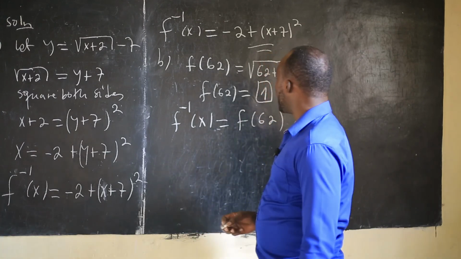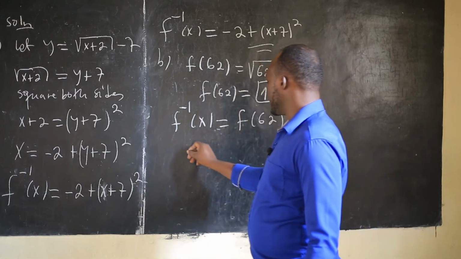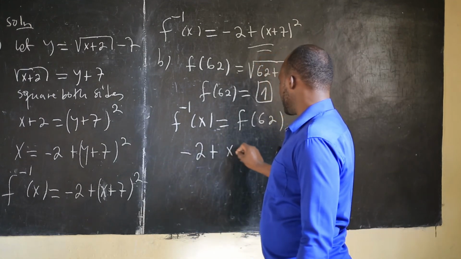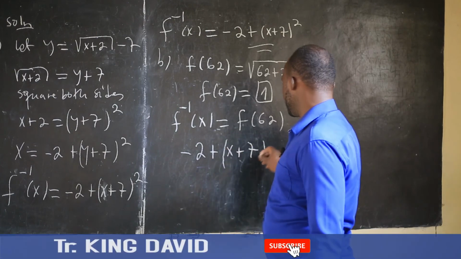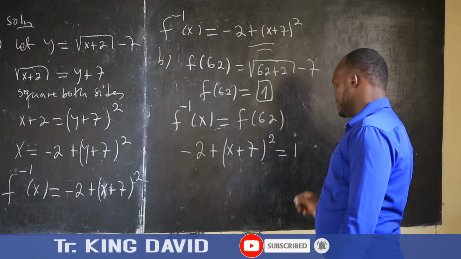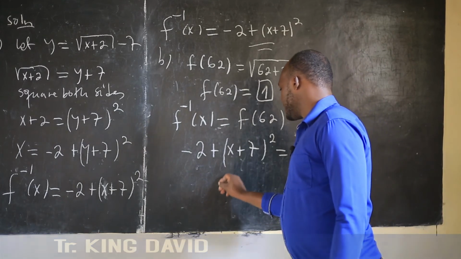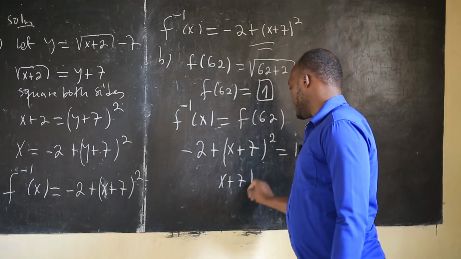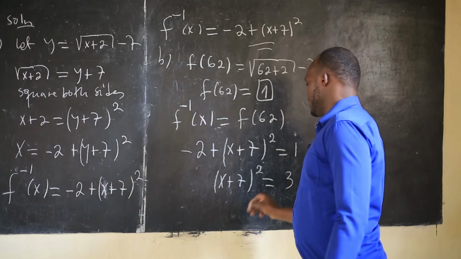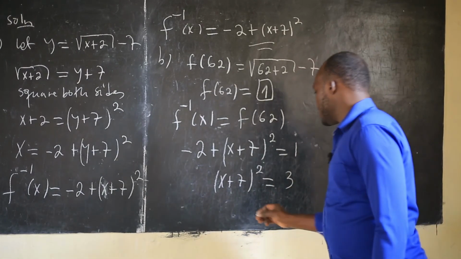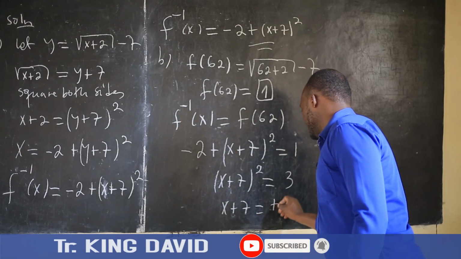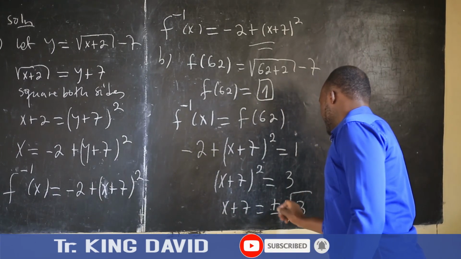So which means that our inverse, which is negative 2 plus x plus 7 squared, is equal to 1. So bring this one here, x plus 7 squared will be equal to 3. So now x plus 7 will be equal to plus or minus root 3.